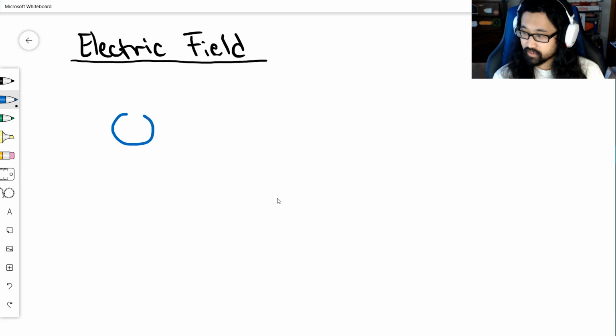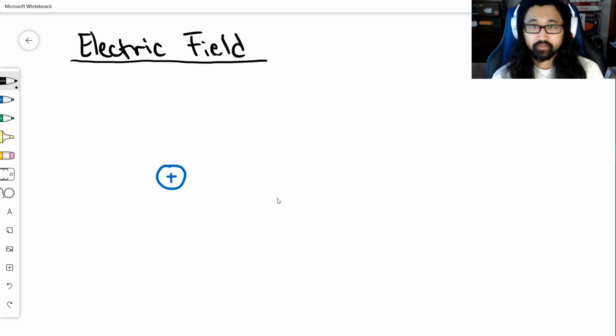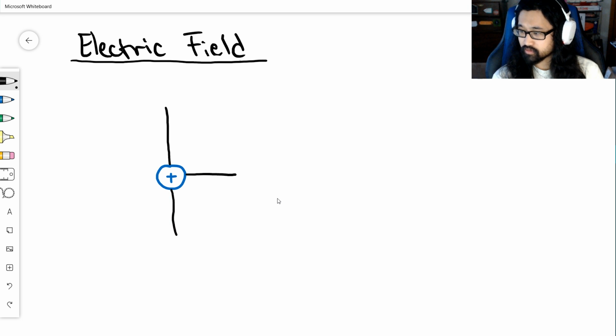So let's say that I have this positively charged object. I'm going to move it down a smidge because I will want a little bit more room. And I want the field lines around my positively charged object. I'll draw them still in blue. Field lines will always extend perpendicular to the surface of the object.